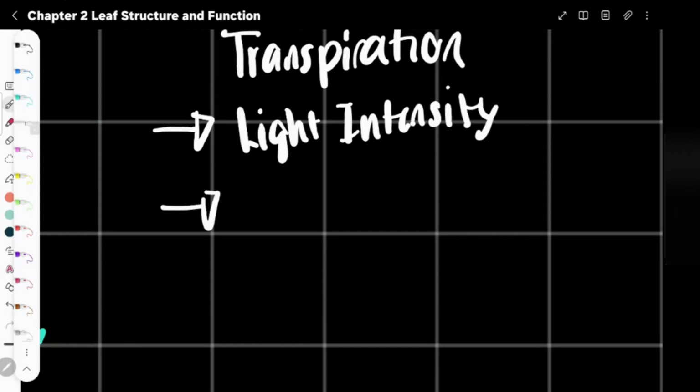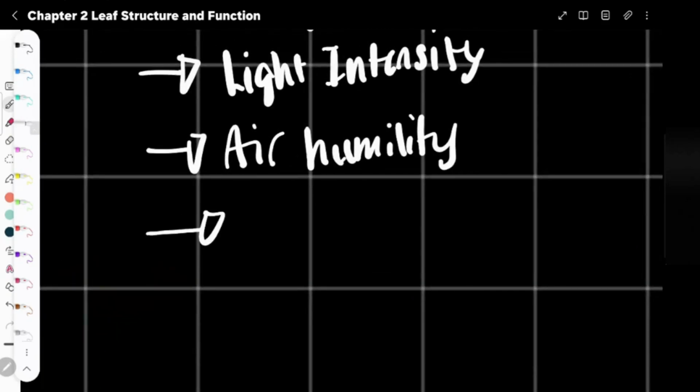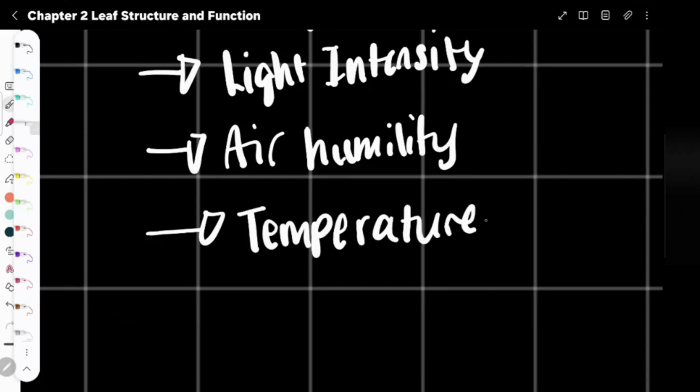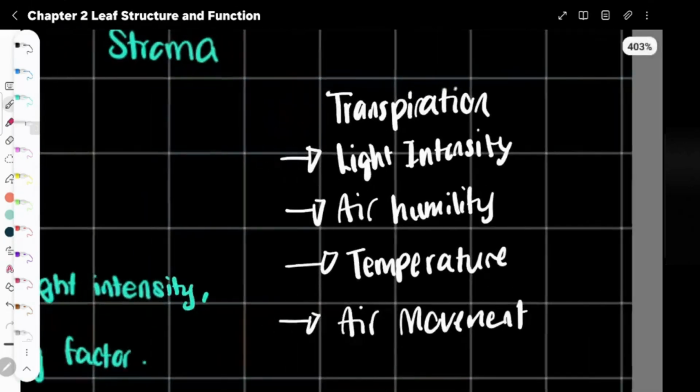The second thing we learned is the air humidity. You should memorize this. The third thing is the temperature. The last thing is the air movement. Okay, don't worry. The more you memorize, the more you can actually understand all of this.